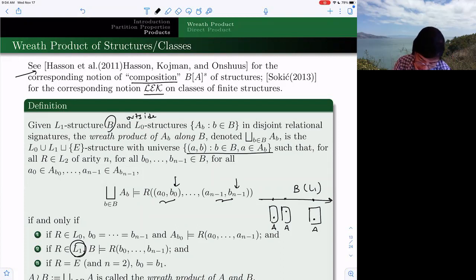Okay, but then if you're within a class, right? So if your indices B0, B1 are all the same and you're just in one class, then for the language of A, you just do whatever A would have done. And then we define an equivalence relation, and you're equivalent if you share the same index here.